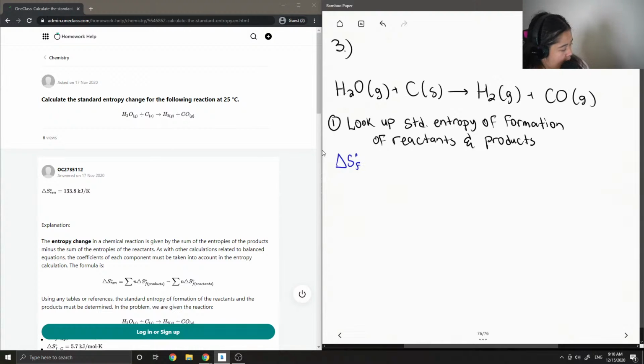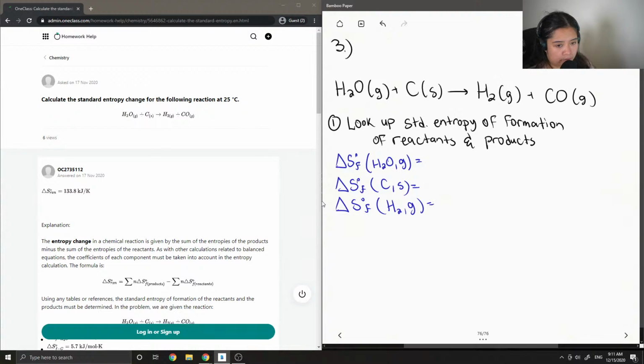We need to find the delta S of formation of H2O gas. Delta S of formation of carbon solid. Delta S of formation of hydrogen gas. Let me just write these on the other side.